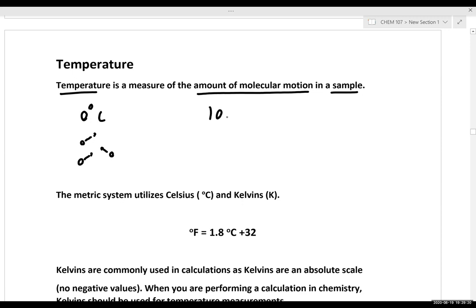Whereas at 100 degrees Celsius, we have a large amount of molecular motion. So temperature serves as a proxy for the amount of molecular motion in our sample.